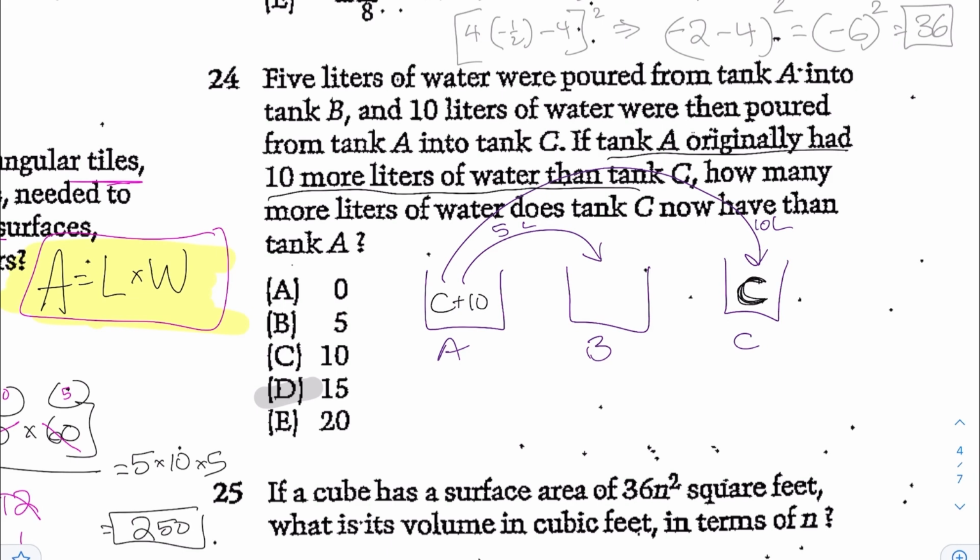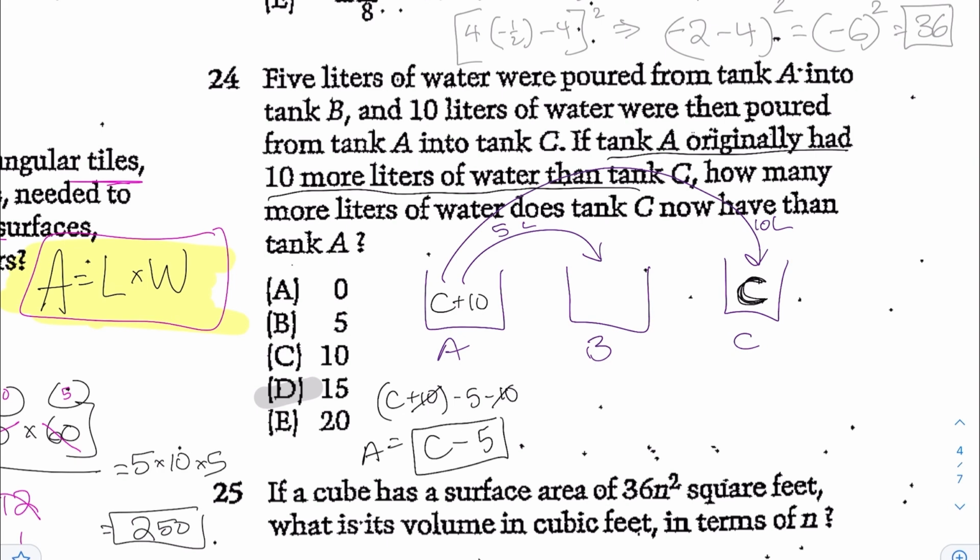Now, if you pour out 5 and pour out 10, A now has C plus 10, that was its original, minus 5, and now you minus 10 as well. And positive and negative 10s cancel out. So now A has C minus 5 liters of water.